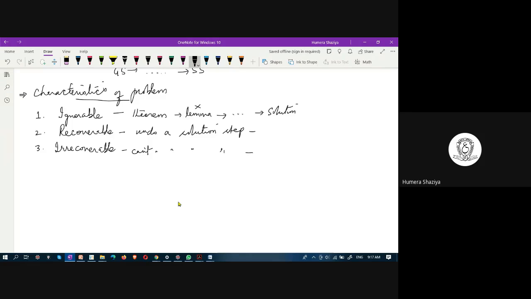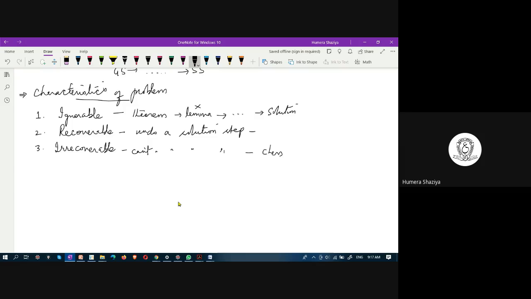Take for example a chess game. In a chess game, if it is your turn and you have chosen a step, you cannot undo. You have to fix it to that.